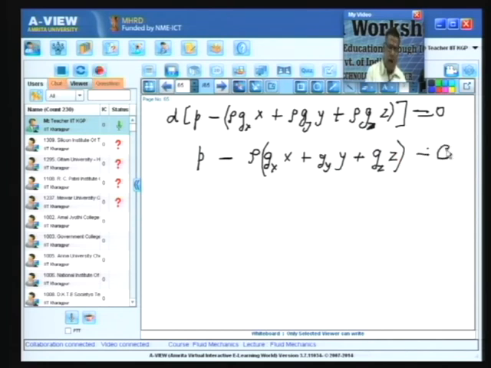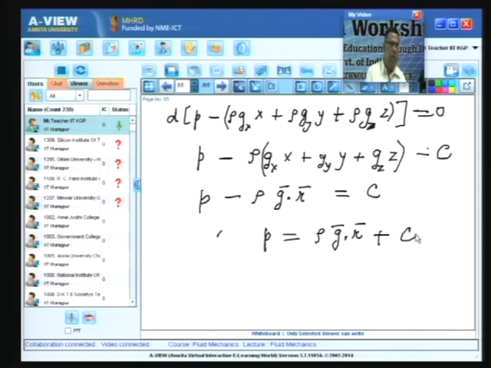Now, this I can also write in a compact form as p minus rho g dot r equal to constant, or you can say p is rho g dot r plus c.